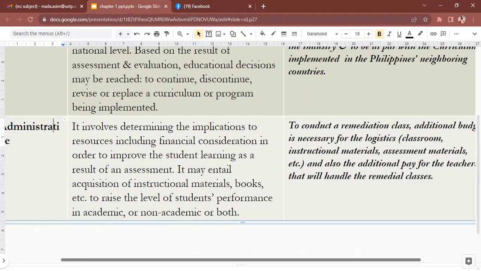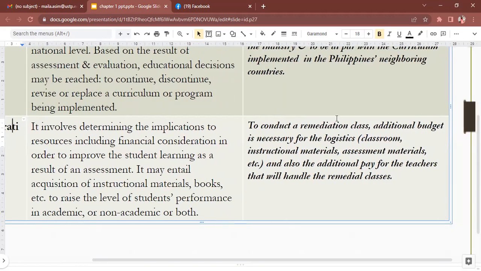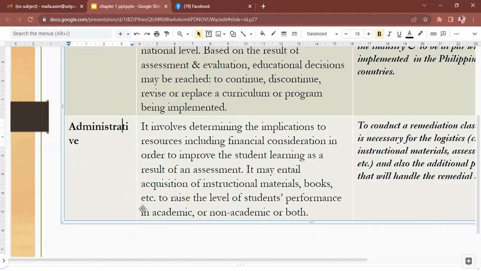For example, to conduct a remediation class, additional budget is necessary for the logistics, like sa classroom, sa IM, sa mga books na ginagamit, sa assessment materials, and also the additional pay for the teachers that will handle the remedial class. And that decision should come from the administrative.